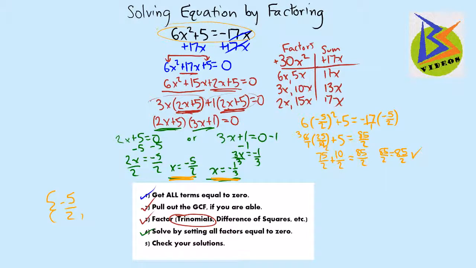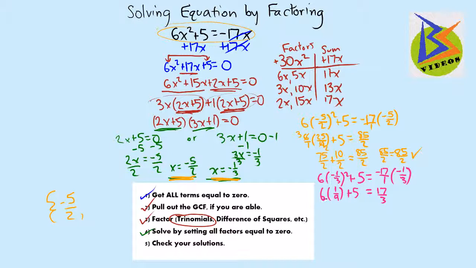Okay, so now let's try that with the negative 1/3. So we say 6 times negative 1/3 squared plus 5 equals negative 17 over 1 times negative 1 over 3. Negative 1/3 squared is 1/9, plus 5 equals negative 17 times the negative 1 is a positive 17, and 1 times 3 is 3.